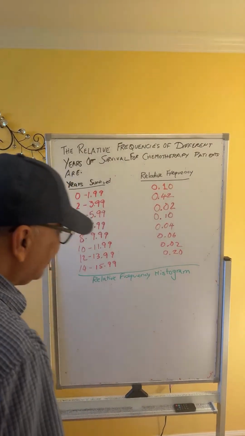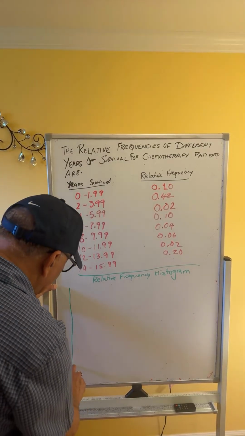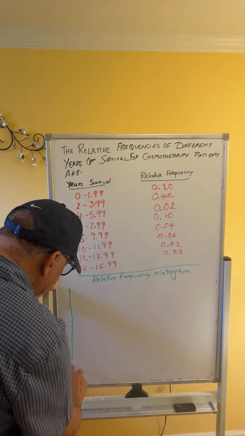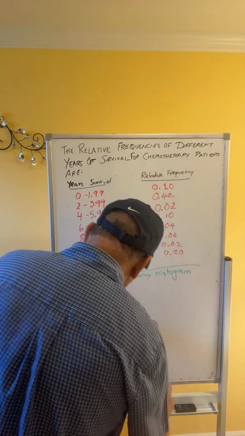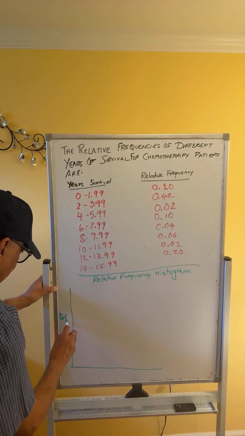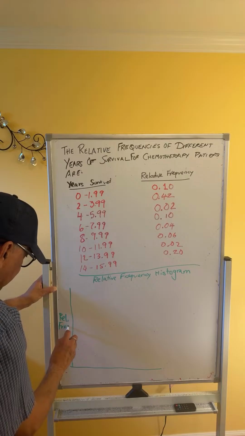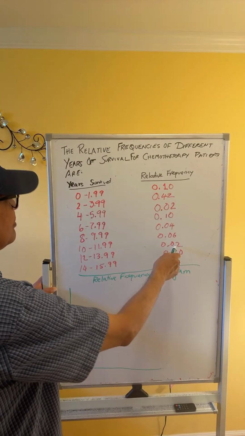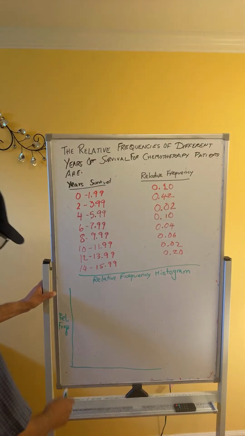Now in a histogram, we have relative frequency on the vertical axis and the different groups of data on the horizontal axis. REL stands for relative frequency. As you can see, the lowest relative frequency is 0.02 and the highest is 0.42.